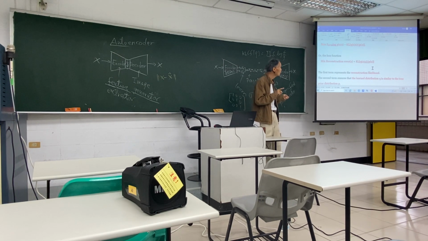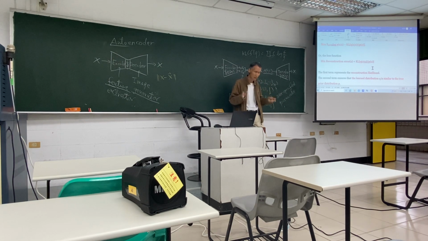between P of Z given X. What should be the distribution of Z? Everyone follow me? It sets up the constraint, like any optimization algorithm.